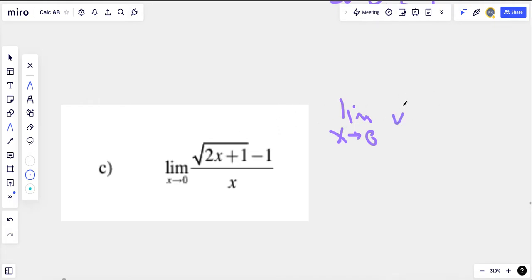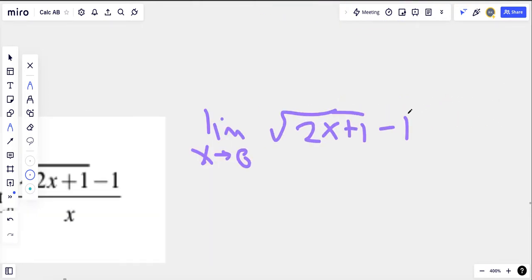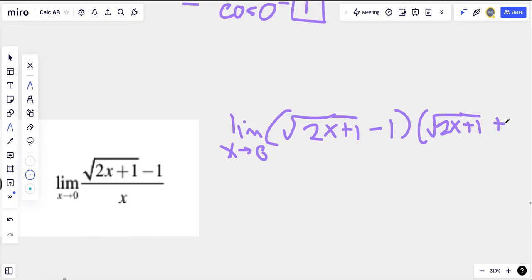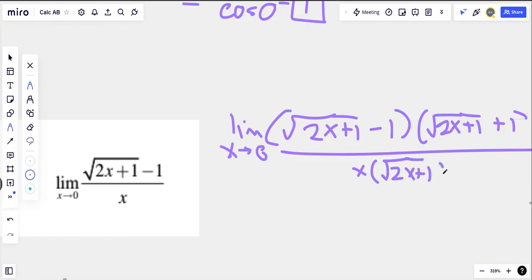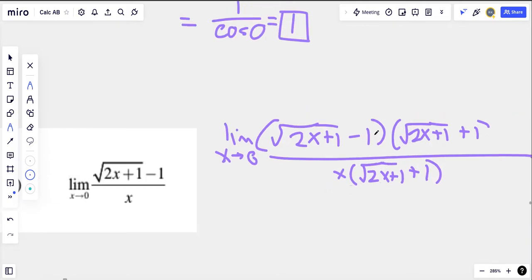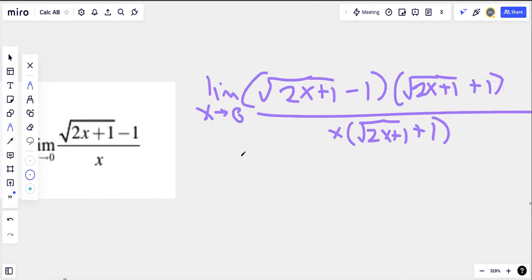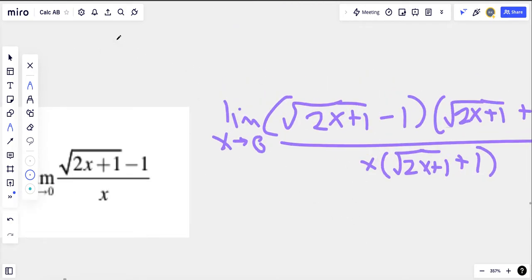So if we try multiplying this by the conjugate, and the reason we do this is because we're making use of a squared minus b squared is equal to a plus b times a minus b.